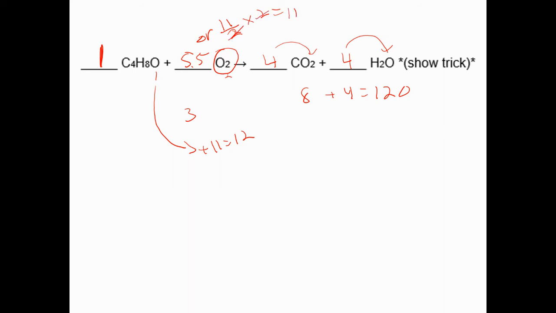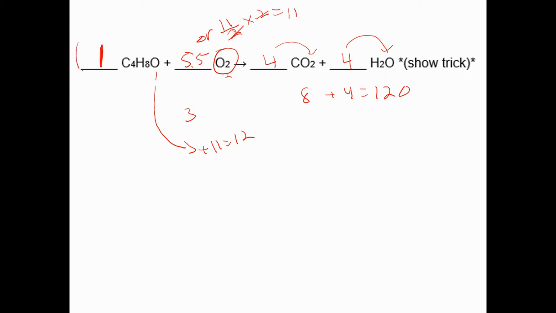Okay. So right now, this is balanced. So you have 12 oxygens and everything else is balanced. But the problem is you can't leave this with that decimal value there, with that fraction coefficient. So how do we get rid of it? We multiply everything by 2.